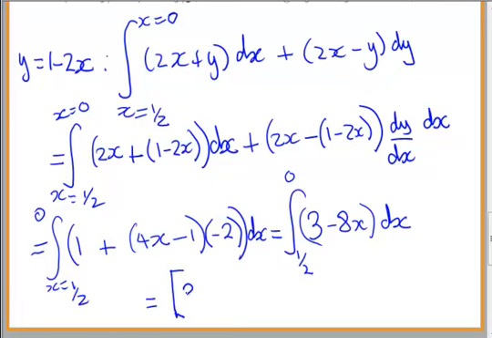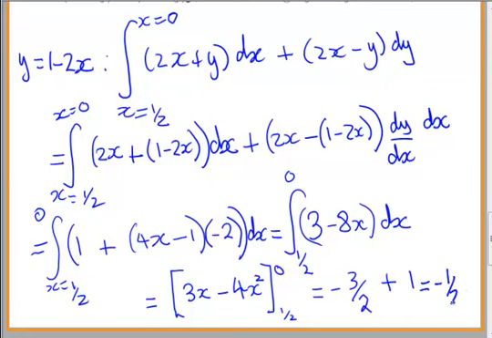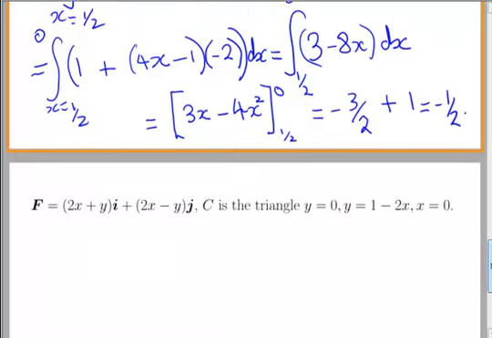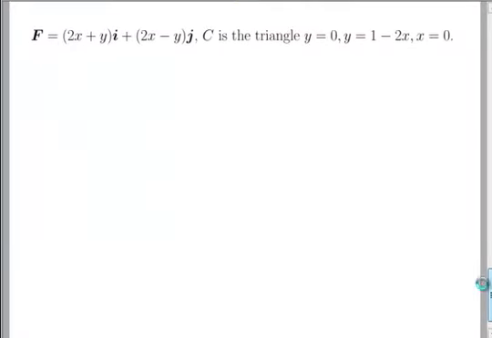So that will give us 3x minus 4x squared, limits of a half to 0. So we'll get minus 3 halves plus 1, which is minus a half for that part of the triangle. Okay, let's move on now and do the final side of the triangle.